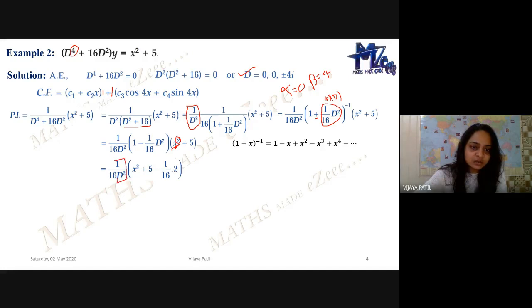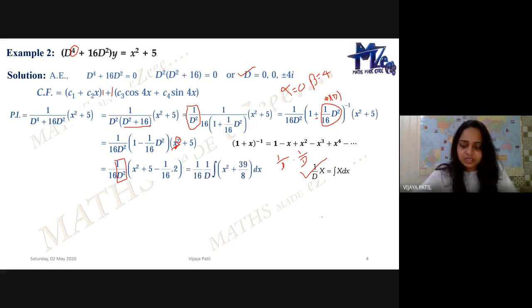Let us consider this operator 1 upon D squared on this entire thing. 1 upon D squared is nothing but 1 by D into 1 by D, because we have to split it, and integration has to be done two times. We integrate once, and whatever integration comes, we integrate again with respect to x. So 1 by D on x is nothing but integration of x dx.